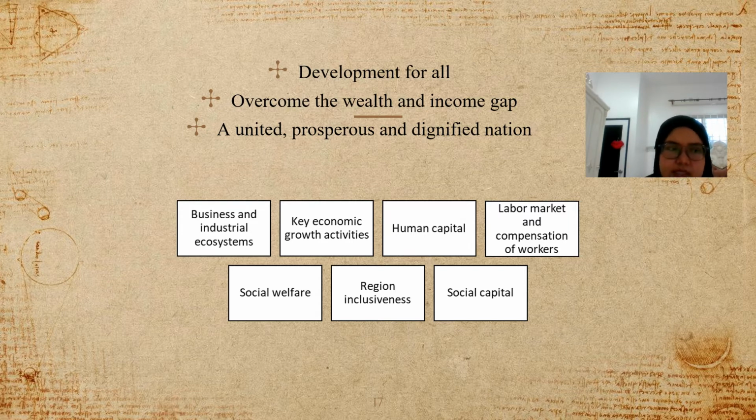And down here we can see the strategic thrusts of Shared Prosperity Vision 2030, which are from the aspect of business and industrial ecosystem, key economic growth activities, human capital, labour market and compensation of workers, social welfare, regional inclusiveness, and also social capital. This shared prosperity vision is a new development narrative in Malaysia. So it is hoped that by 2030, all of the objectives that have been set can be achieved.